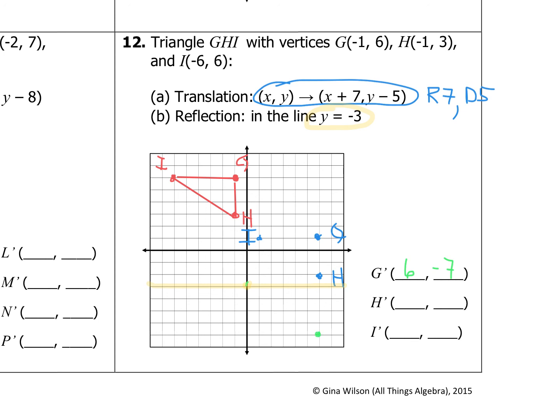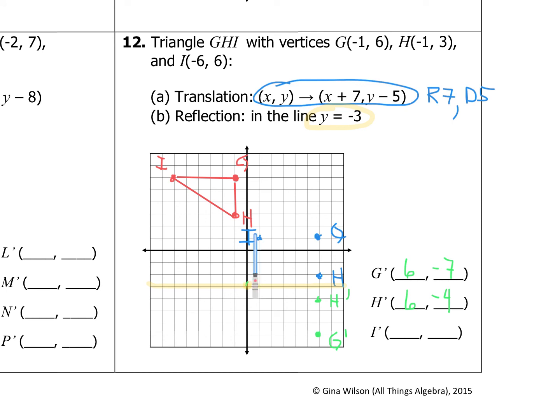And so that is going to be our G prime. Then for H, I'm going to take this H, and it's 1 unit away. So we're just going to go 1 unit away right here, which is at +6, -4. So then that becomes H prime.